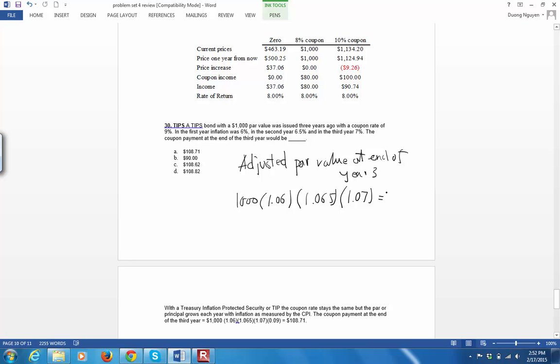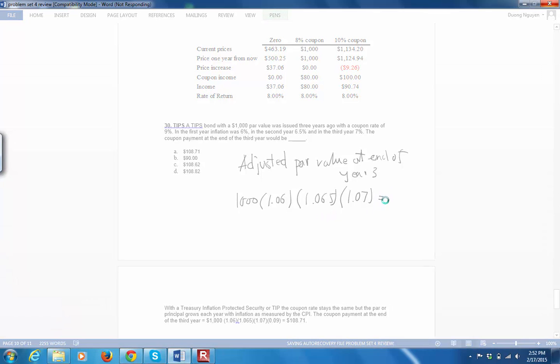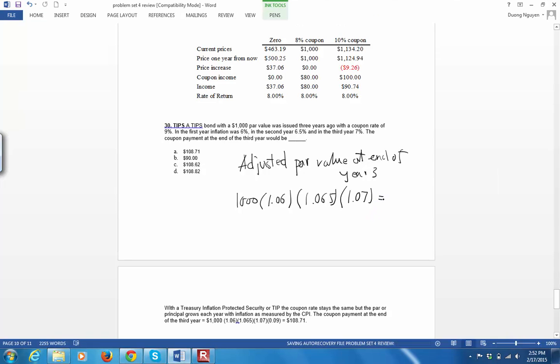I have to use a calculator here. So 1,000 times 1.06 times 1.065 times 1.07 equals 1207.92.